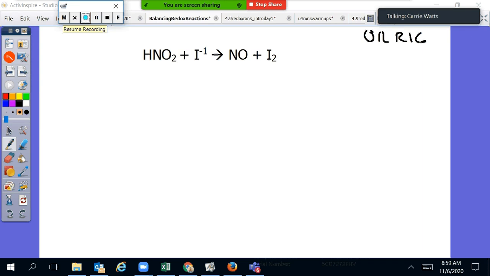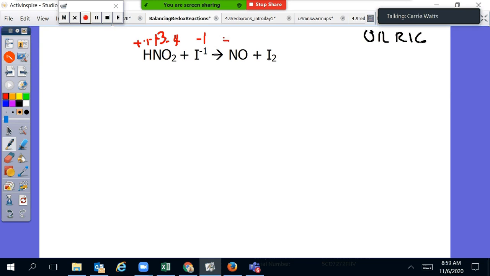Okay, for our charges, we've got -4, we've got +1, so then the nitrogen has to be a +3. Okay, so we got nitrogen +3. I here is going to be -1. It's going to be whatever charge the ion is.